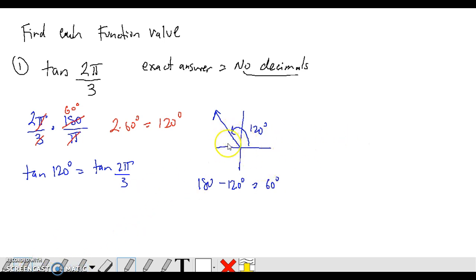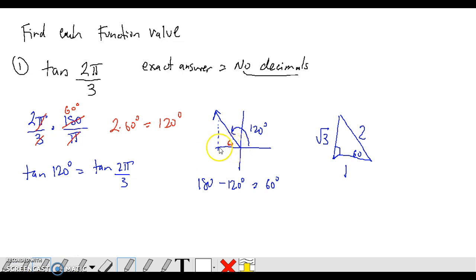So I can either set up my triangle on here, or I can set it up off to the side. So 60, that means the other angle will be 30. So I'm going to say that's 1, that's 2, which means that is root 3. Now, I'm in this quadrant, so if I'm creating this right angle right here, here is where my 60 degrees is going to be.